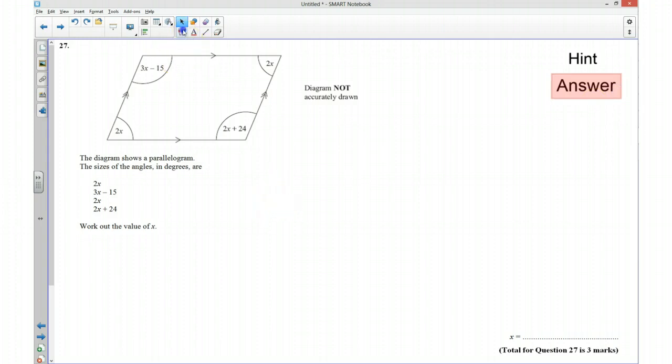So we'll use this method first, where we're saying this angle and this angle are the same as each other. So that means that 3x take away 15 is going to be equal to 2x plus 24. Okay, so draw lines either side here.